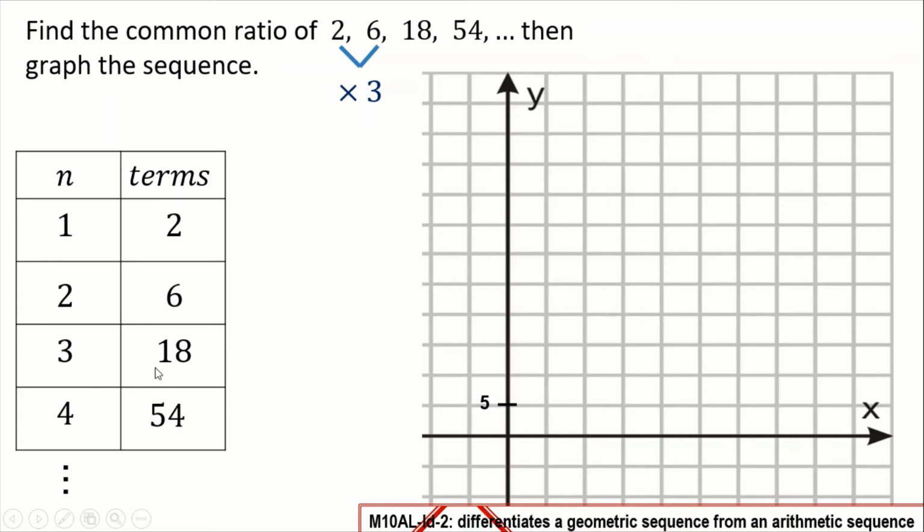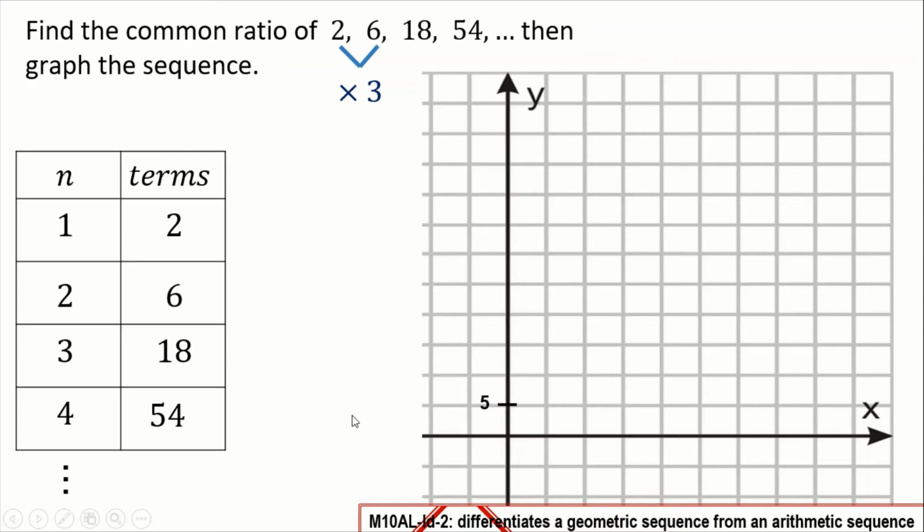So, pag pinlot natin ang terms, diba, ang first term ay 2, ang second term ay 6, ang third term ay 18, ang fourth term ay 54. Now, i-graph natin siya. Ngayon, medyo malaki kasi yung value ng terms natin. So, ginawan ko ng interval na 5. By 5 na tong y values natin. So, 5, 10, 15, 20, 25, 30, and so on.